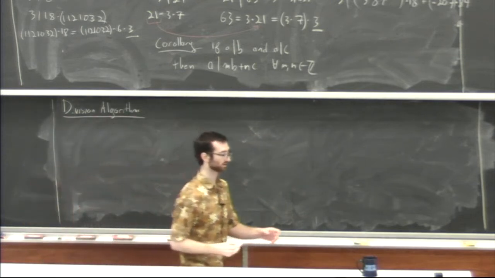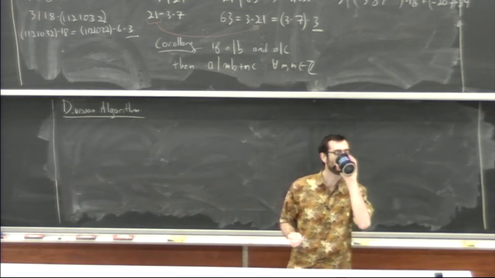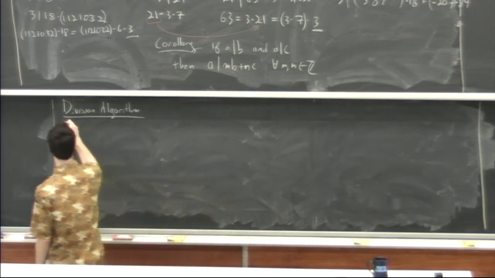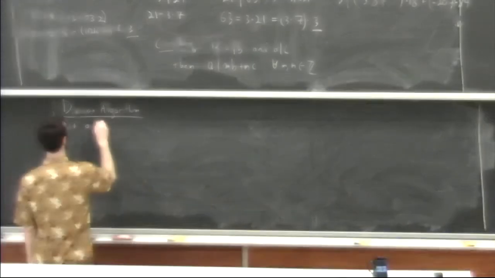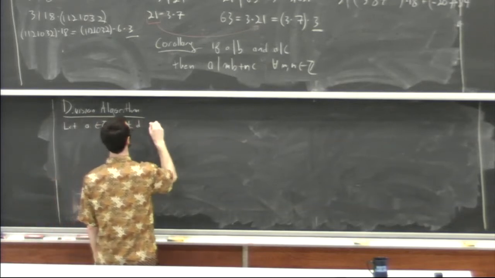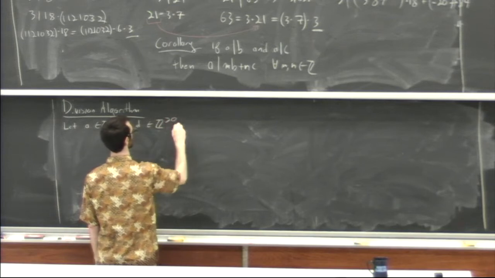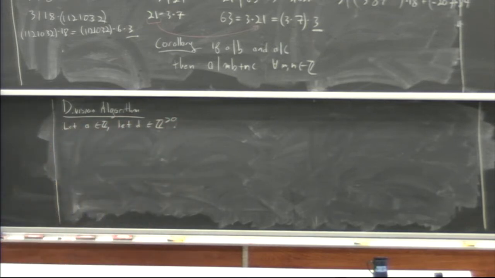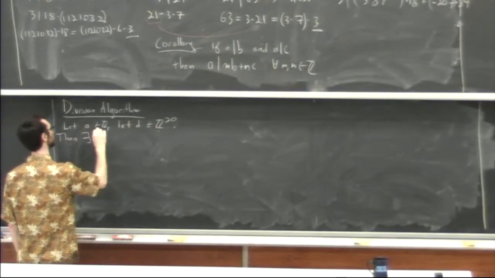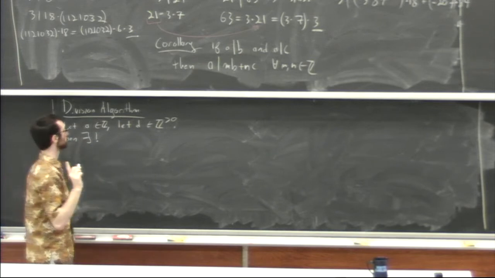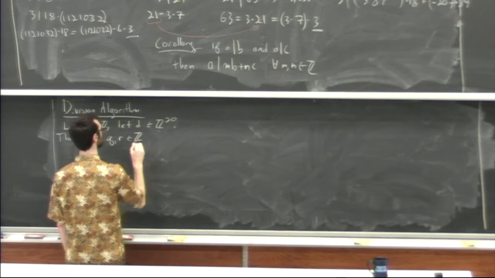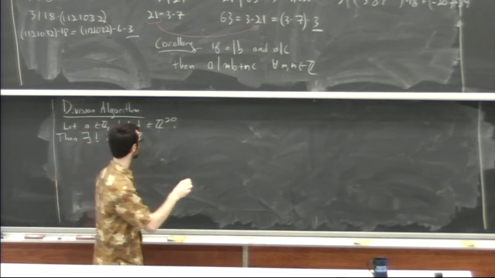So here's what the division algorithm says. Let A be an integer, and let D be a positive integer, so in Z greater than 0. Then there exist unique integers q and r in Z with a special added condition.